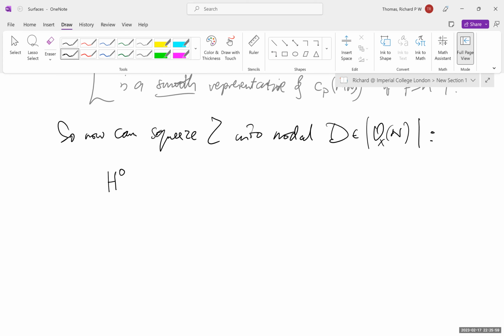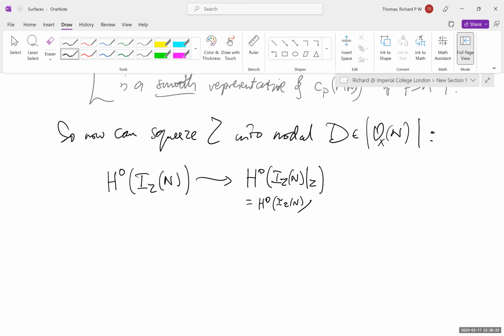I'm interested in sections of O(N), so that's hypersurfaces which vanish on Z, so the hypersurface contains Z. So I'm interested in this vector space, and I'm interested in its restriction to Z, which is just sections of I_Z(N) divided by I_Z times I_Z(N).